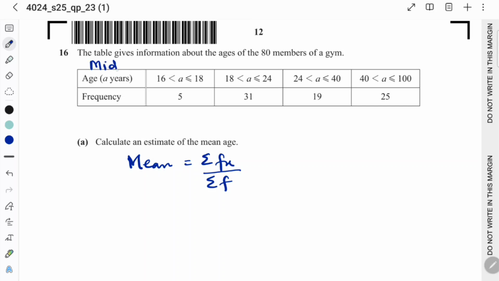center midpoint. Okay, 16 plus 18 upon 2, when you do the center is 17. 18 plus 24 upon 2, it's 21. Then 24 plus 40 upon 2, that is 32. And the center of 40 and 100 is 70. 40 plus 100 is 140. 140 divided by 2 is 70.